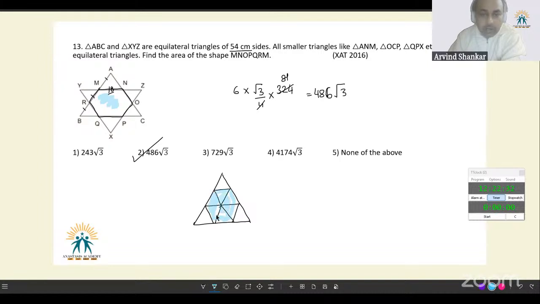You could very well have gone down the path of also doing 2 by 3 into root 3 by 4 into 54 into 54, and your answer would still be identical, precisely the same thing. From an equilateral triangle, we had to see the middle 6 smaller triangles out of 9. So gives us 2, gives us 27, gives us 9, and you can perhaps see 9 into 54 is still 486 root 3, which is your final answer.